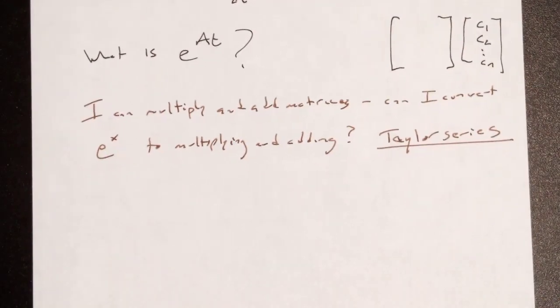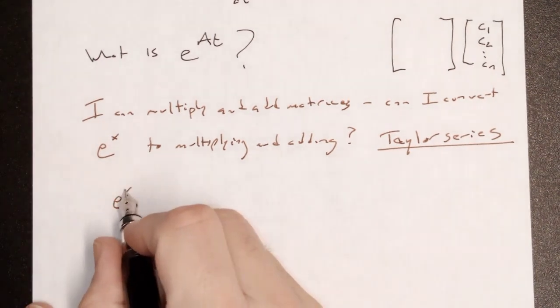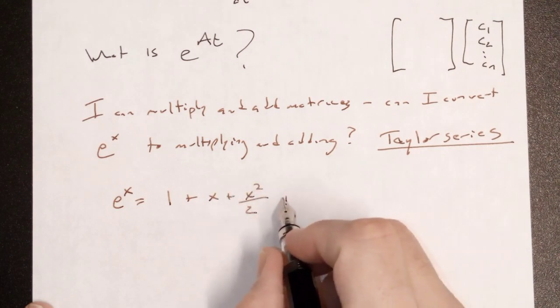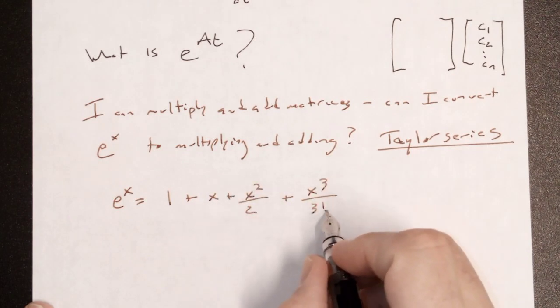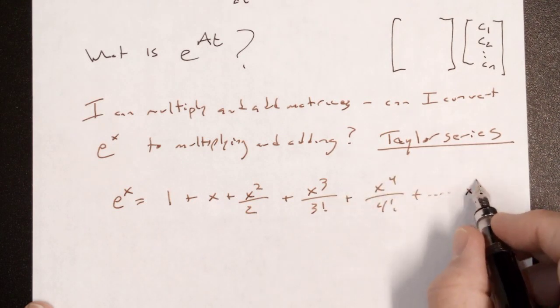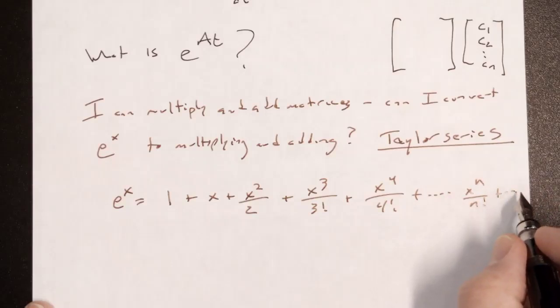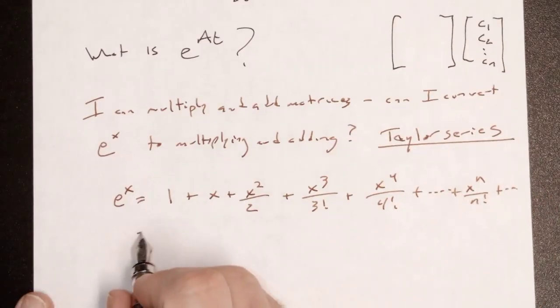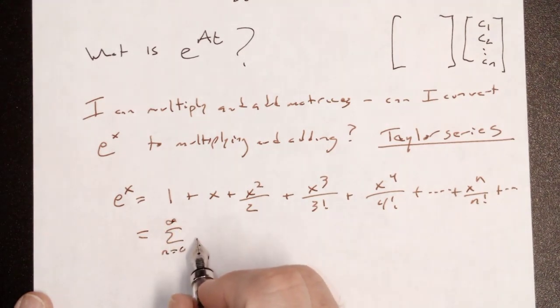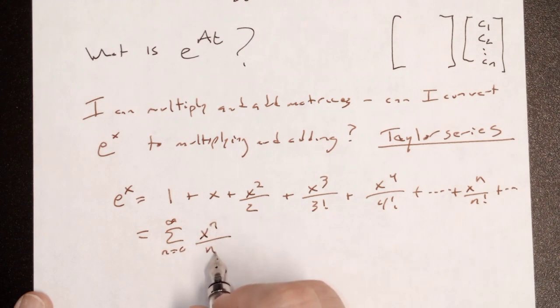Okay, wait a minute. I did this. I have a power series for e to the x. I know what it is. The power series for e to the x is the sum, n goes from 0 to infinity, of x to the n over n factorial.